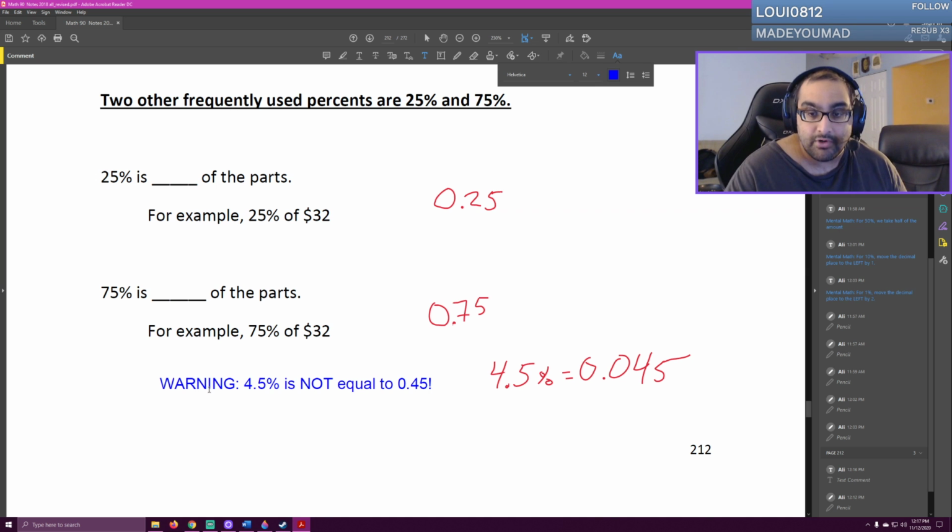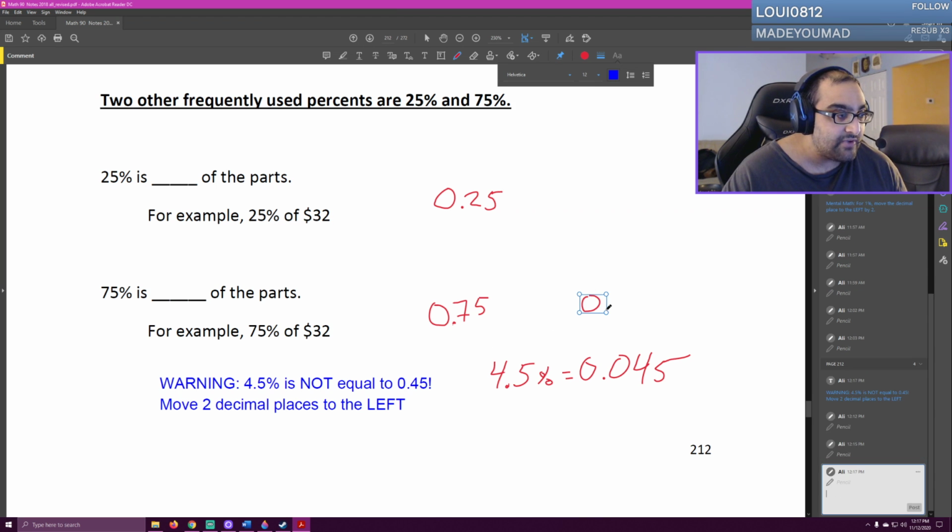Remember, you have to move 2 decimal places to the left. It is one of the most common mistakes I see on tests: people think it's just 0.45 right away. You guys picked up on that right away, which is really good, and I'm really happy to see that. But again, don't fall for that. Don't fall for the 0.45 here.